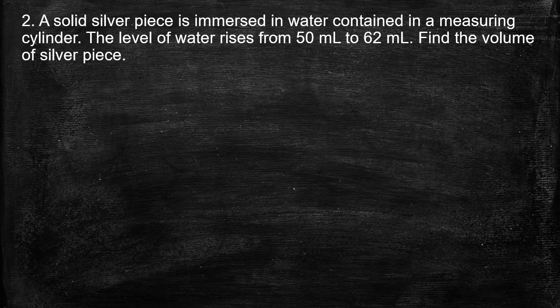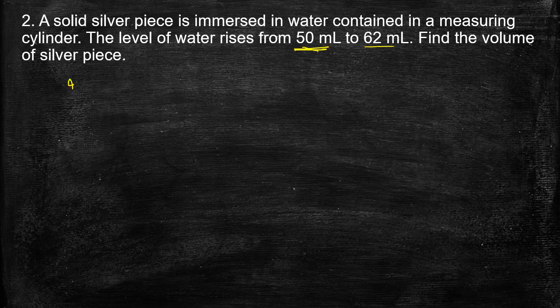Next question is, a solid silver piece is immersed in water contained in a measuring cylinder. The level of water rises from 50 milliliter to 62 milliliter. Find the volume of the silver piece. Means in a measuring cylinder there was some water, and initial volume of the water, initial level of that water was 50 milliliter.